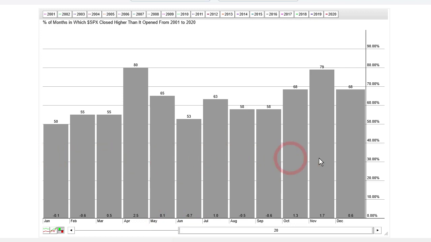So this is a 20-year seasonality chart for the S&P 500, and the percentage numbers show you the percentage of times the S&P 500 was up in a particular month. And there you can see April at 80%, November at 79%. Those are the months that have the most chance of being up. And then the biggest gains, average gain 2.5% in April, average gain 1.7% in November.